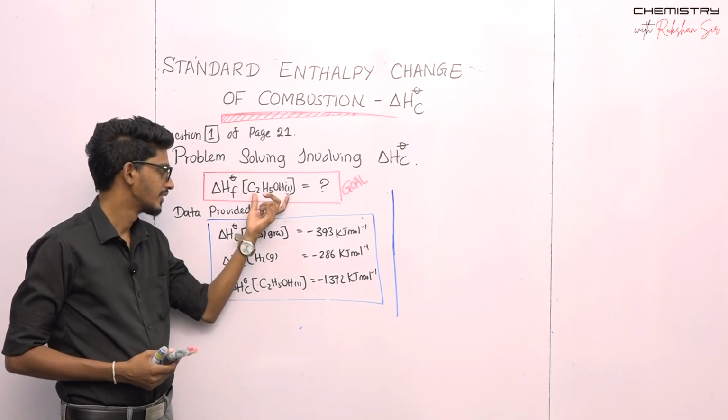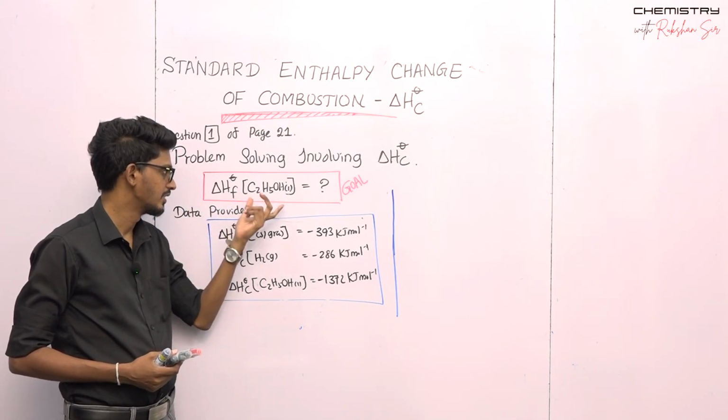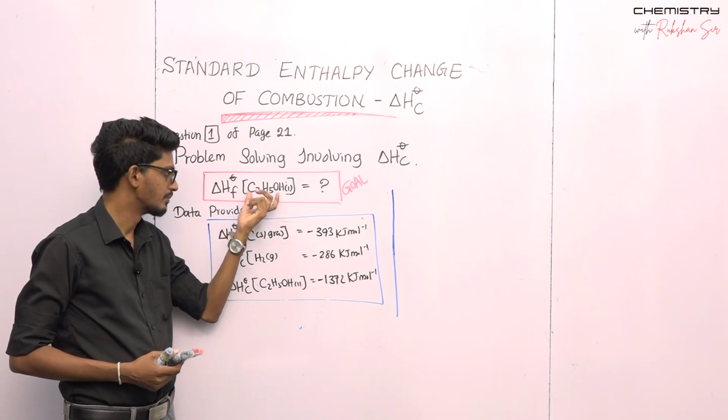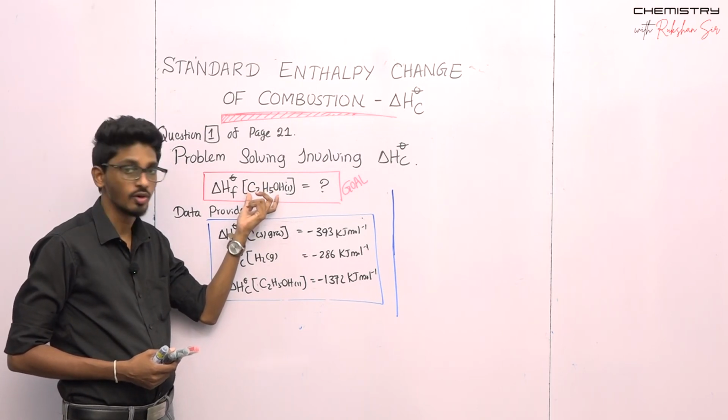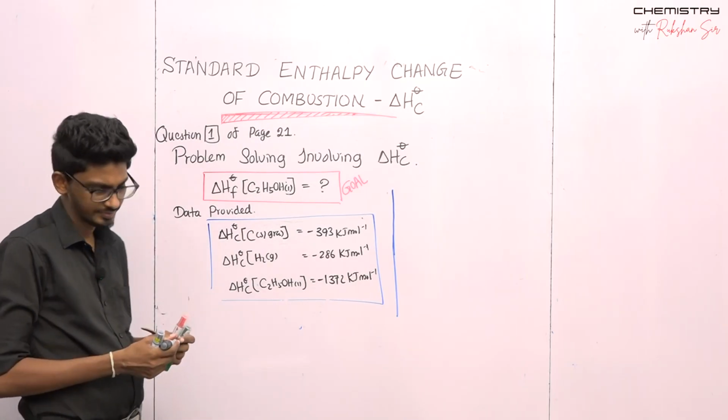This is your goal: you need to come up with the formation enthalpy of C2H5OH liquid. So you first need to write the balanced thermochemical equation related to this goal. That is the first thing to do.